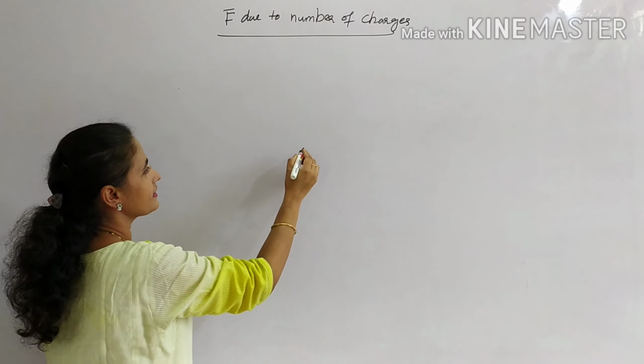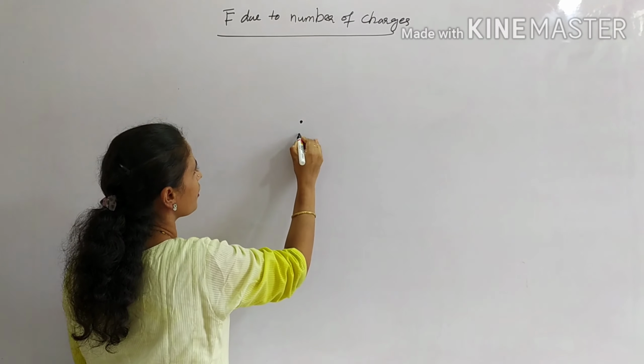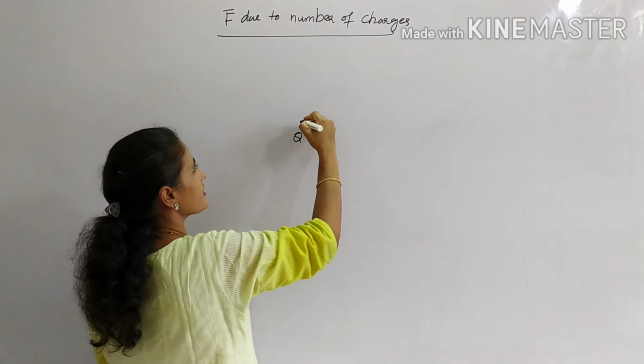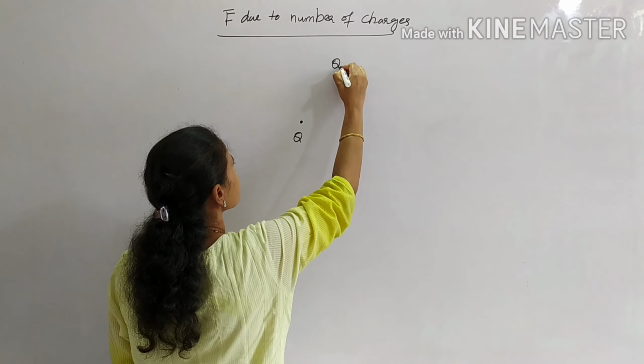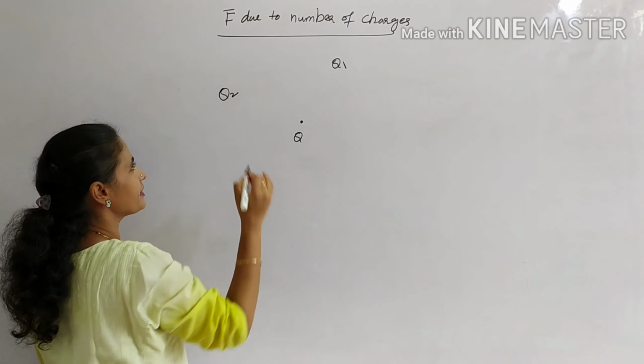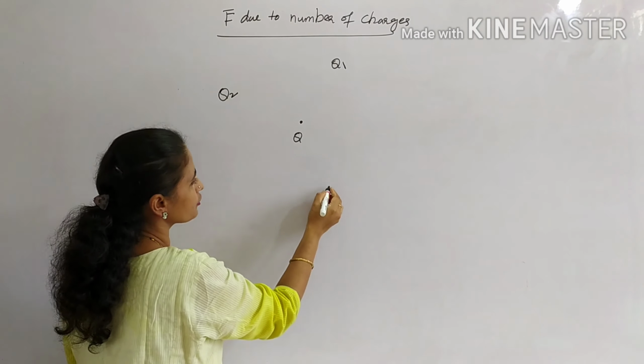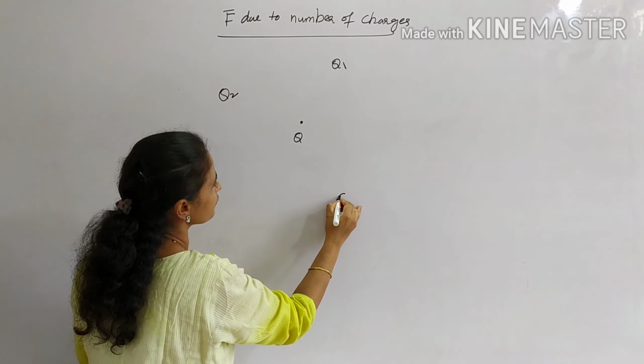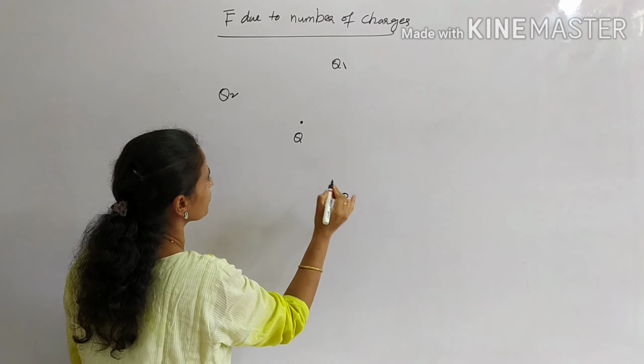Let there be a charge Q. The charge Q experiences a force by Q1, randomly. Let it experience a force due to Q2 and a force due to Q3.